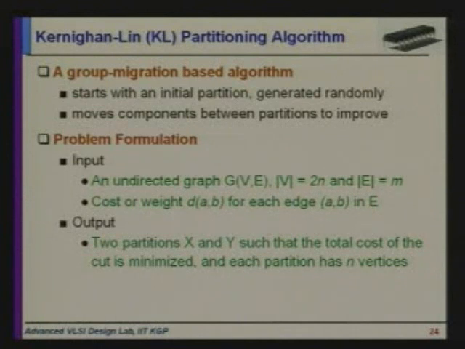The weight of each edge may be the number of connections between two components, right. So, the higher the number of connections between two components, the higher the weight of an edge, okay. And the output is two partitions X and Y, so that the total cost is minimized and the partitions are of equal sizes. So, this is the first problem we are going to handle, right.